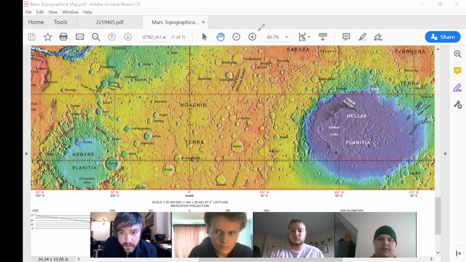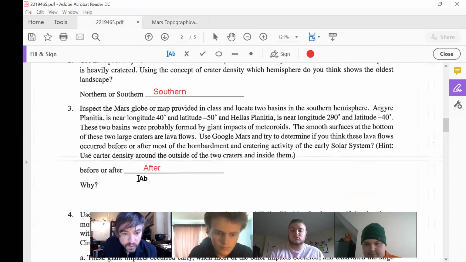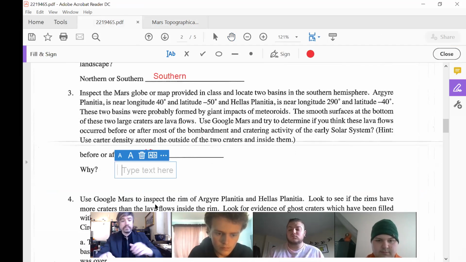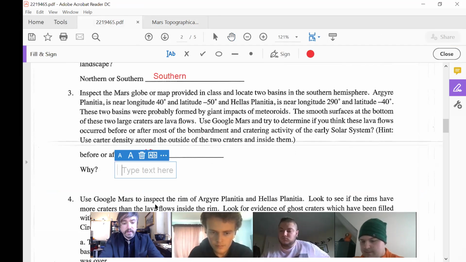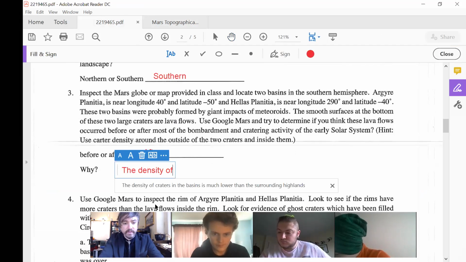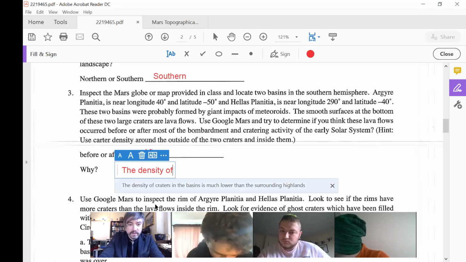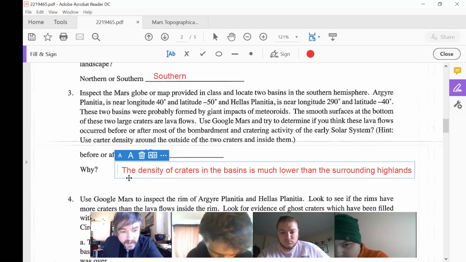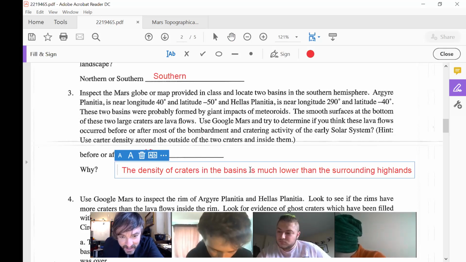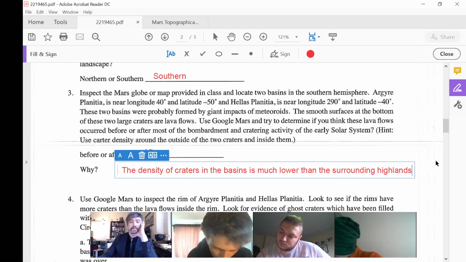All right? Okay. So for why, let's say the density of craters. Oh, looks like I've done this before. The density of craters in the basins is much lower than the surrounding highlands.